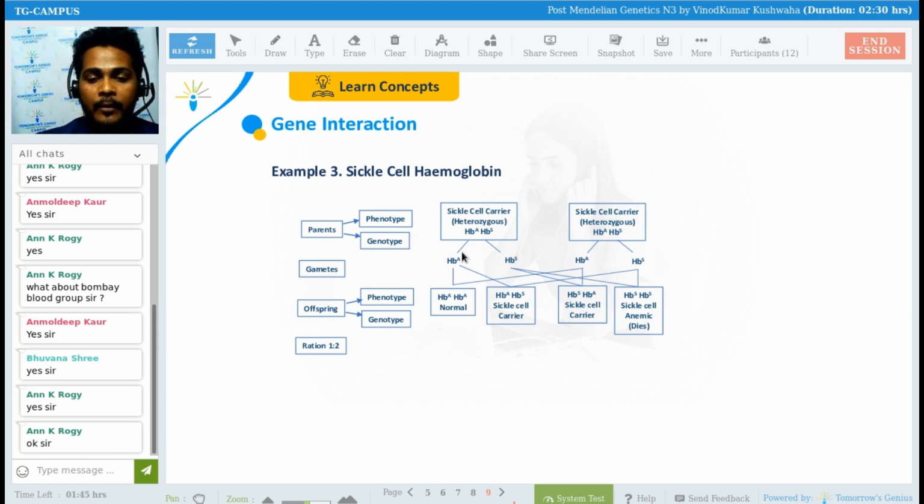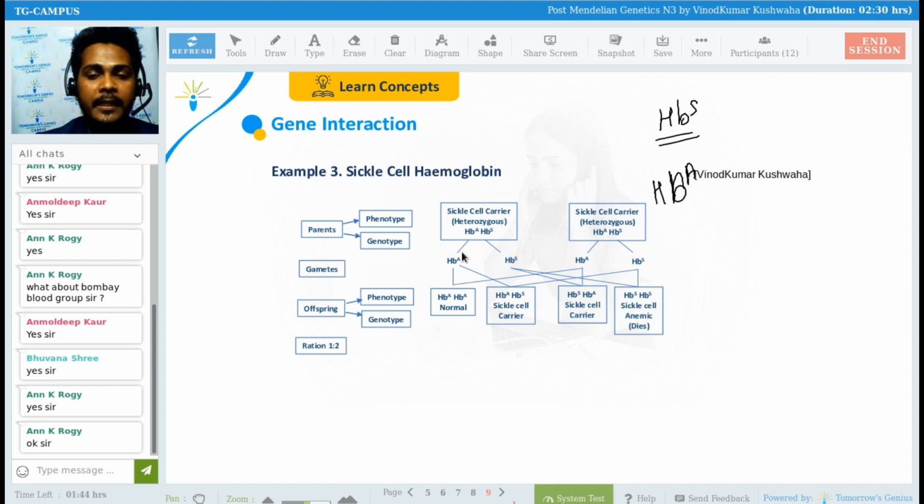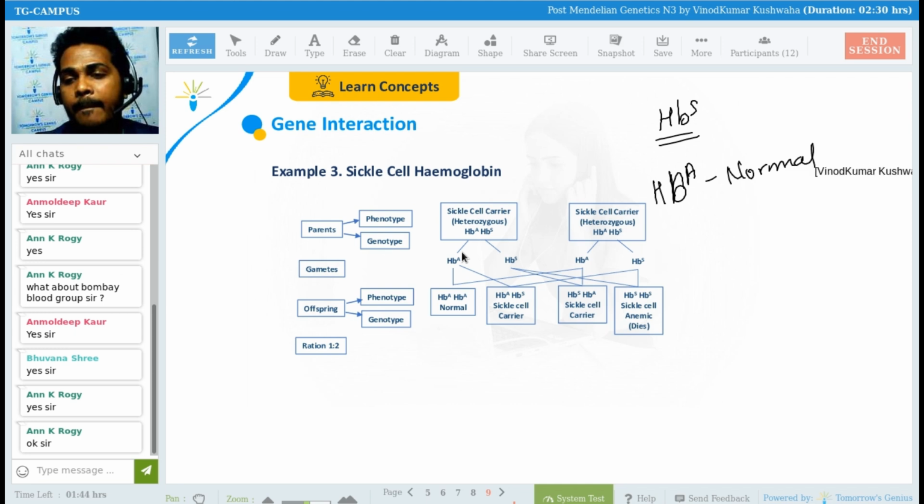Sickle cell anemia is represented by the HbS gene. Its normal allele is HbA. HbA is normal, and HbS is abnormal.